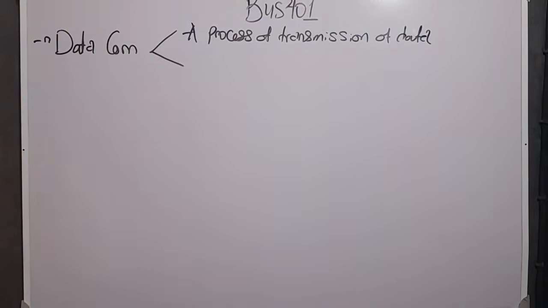Now, why are we transmitting this data, and in what form do we transmit this data? Note that when transmitting data, as far as data communication is concerned, it is done via a source, and this source is known as a telecommunication system.